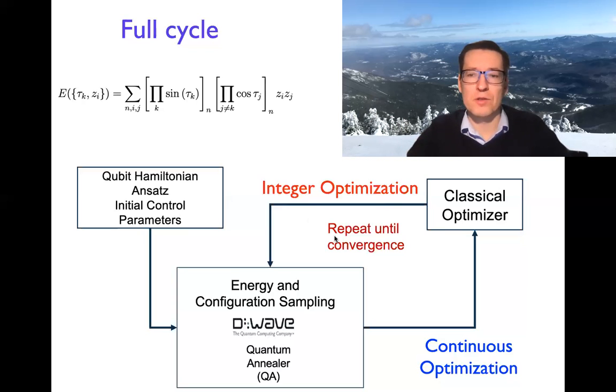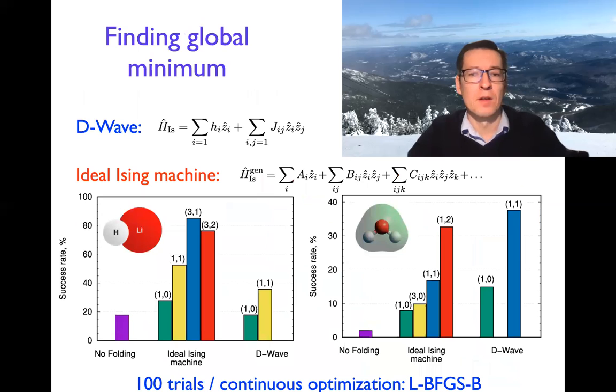And so these cycles between the continuous and integer variables allow us to eventually obtain the global minimum for the function of energy. Okay. Now here's an example that compares this procedure with something that doesn't use domain folding.